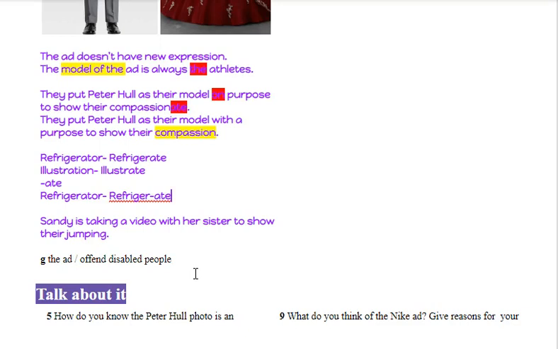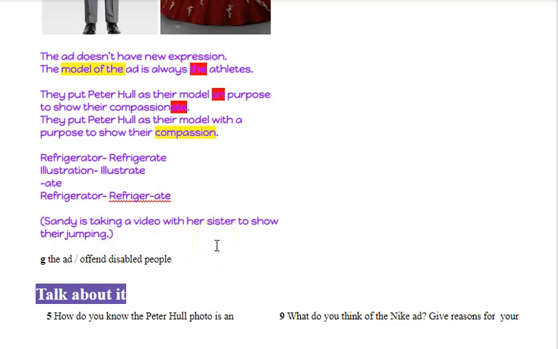But I know you're familiar with that. Okay, so Sandy is taking a video with her sister to show that they are jumping, not to show they are jumping. It's wrong.